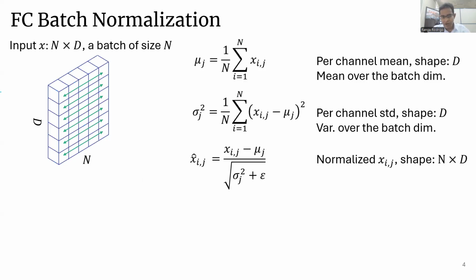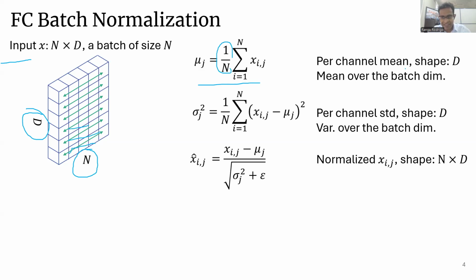Okay. So how batch normalization happens is this. Think about this as the number of images in the batch, N, and each image is D-dimensional. So what they do is they compute a mean in this direction.